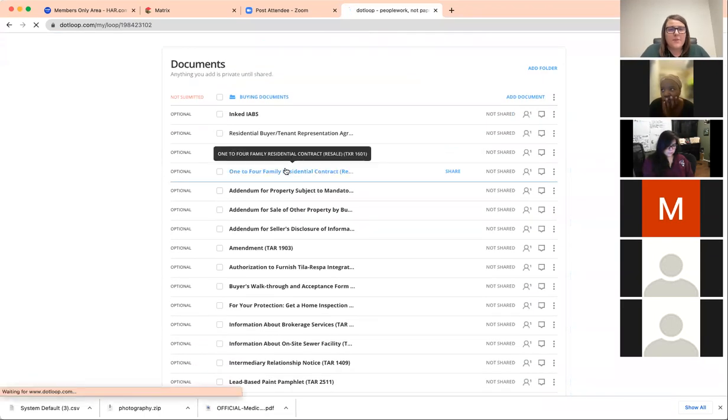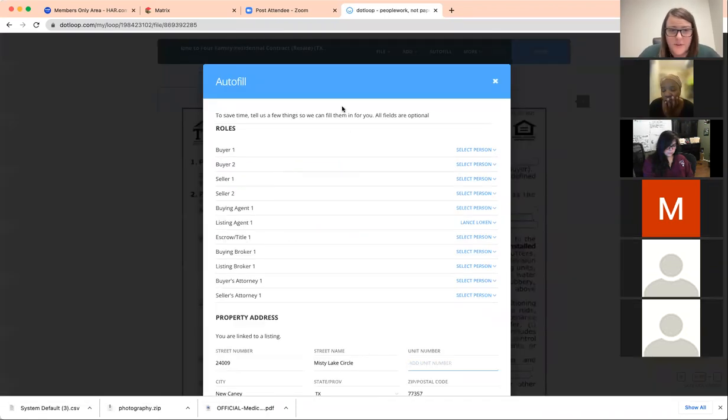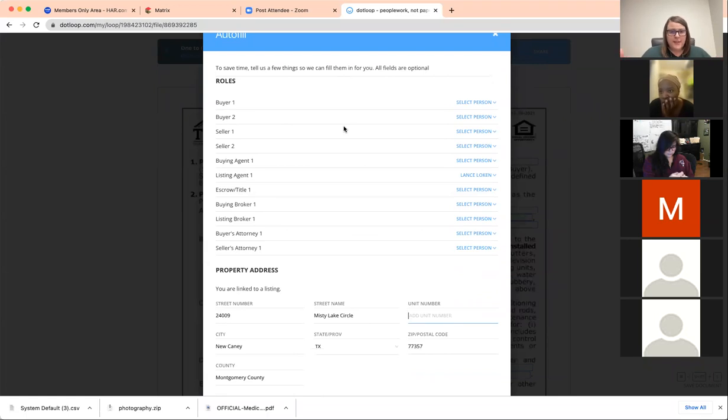Okay, let's just jump into the 1 to 4 because that's what we're here for. So when you go into dot loop, the first thing that's going to pop up is the autofill.